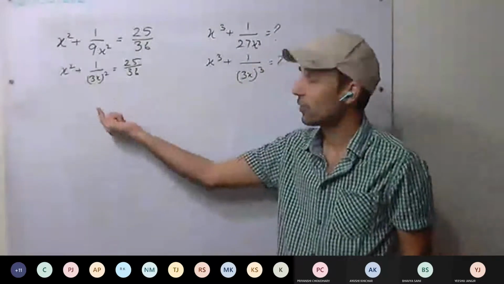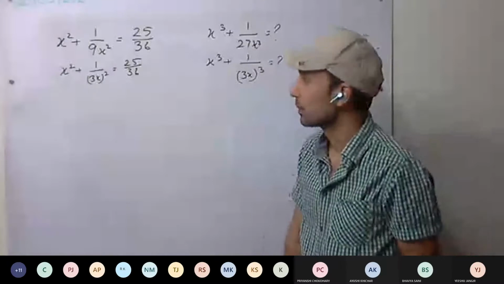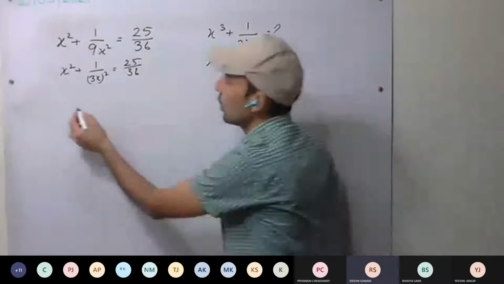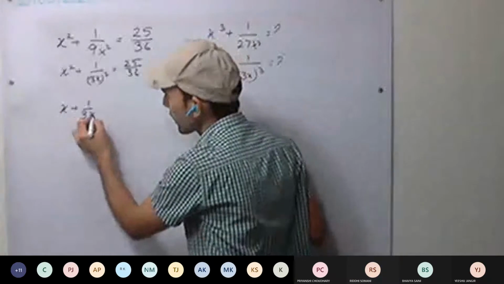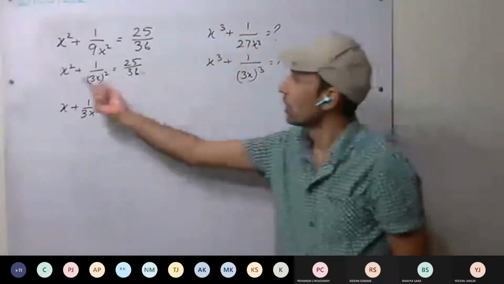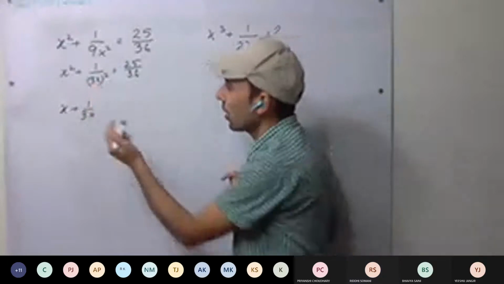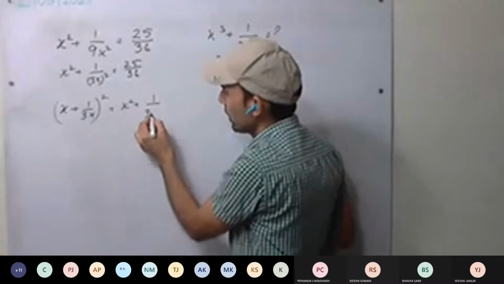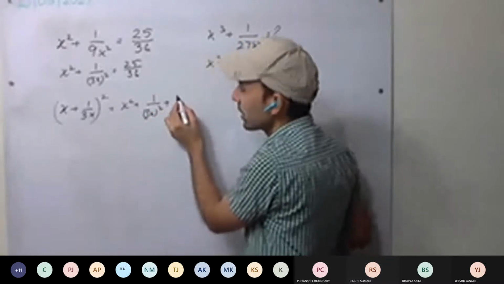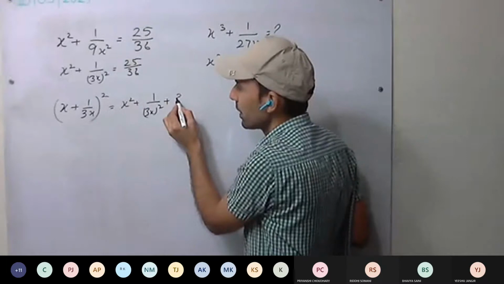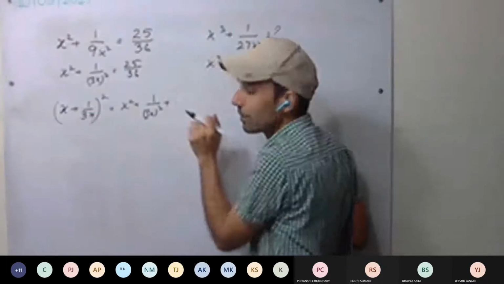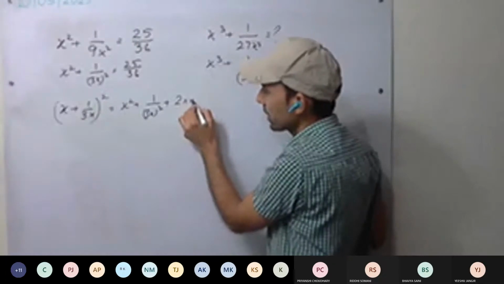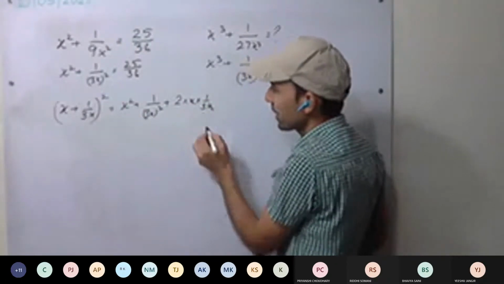How can we proceed? First, what do we have to find? x plus 1 upon 3x. Its value we can calculate, yes or no? If we take its square, what will it be? x square plus 1 upon 3x square plus 2ab, that is 2 into x into 1 upon 3x. The x's get cancelled.